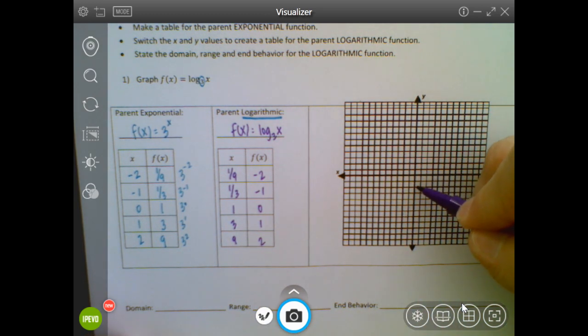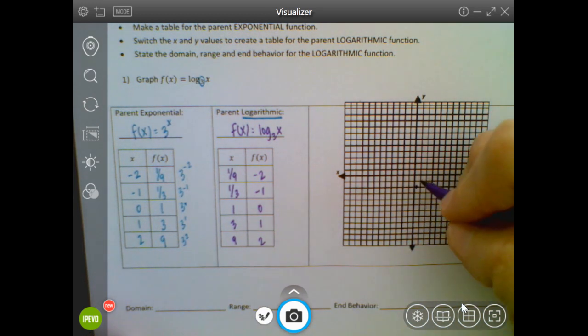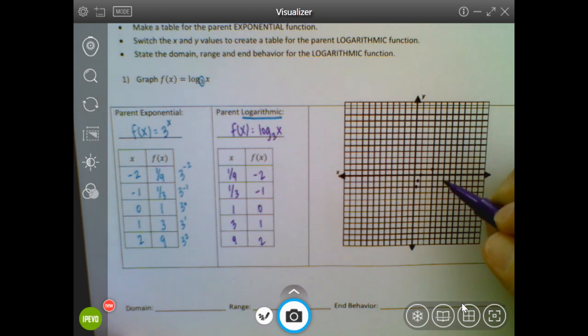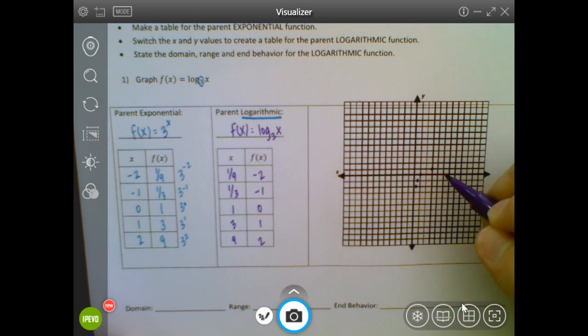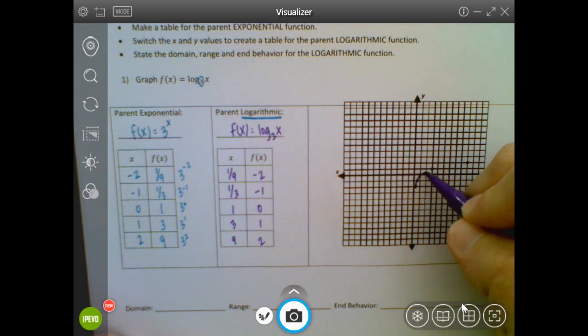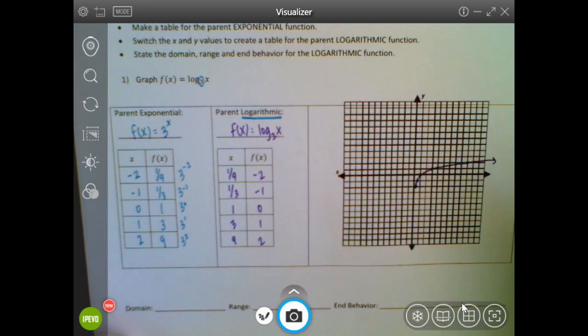And then again, I'm just going to estimate where those fractional values are. So something like this. And 9, 2, 1, 2, 3, 4, 5, 6, 7, 8, 9. And my graph is going to look something like this. And again, similar to the exponential functions, I'm going to be careful.